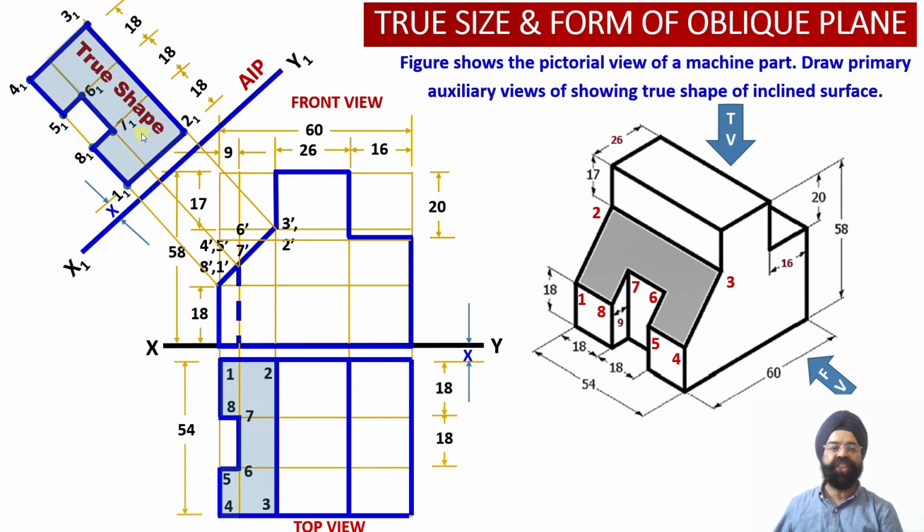Now we can shade this portion so that we can see the correlation that the shaded portion corresponds to the inclined cut surface section, and this is the auxiliary plan. Why? Because the projections obtained on the AIP are called auxiliary plan. So using this information available in the auxiliary plan, we have been able to derive the true shape and the size of this inclined cut surface section using the auxiliary plane method.